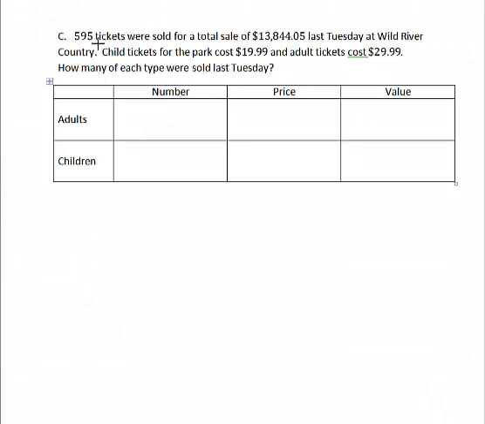It reads, 595 tickets were sold for a total sale of $13,844.05. Okay, and we're talking about Wild River Country, so it's important to realize that this is the total number of tickets.